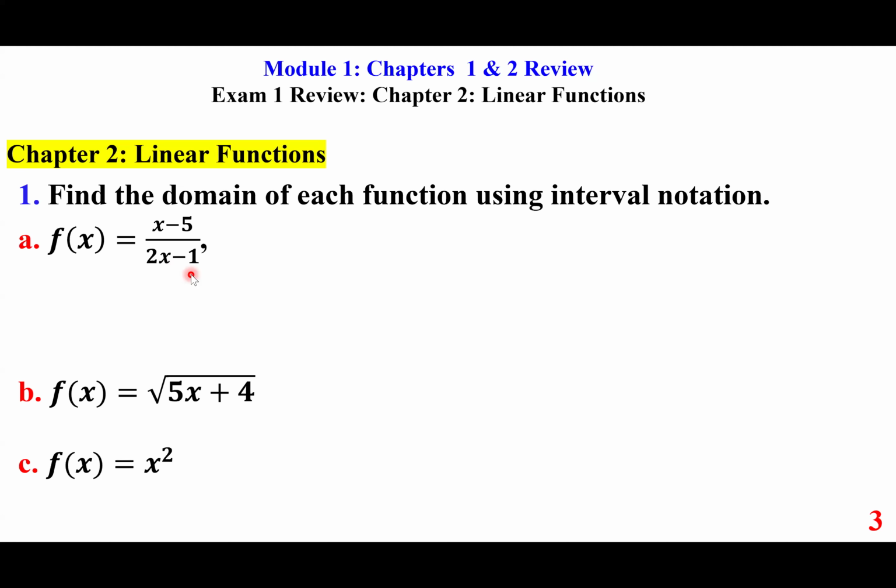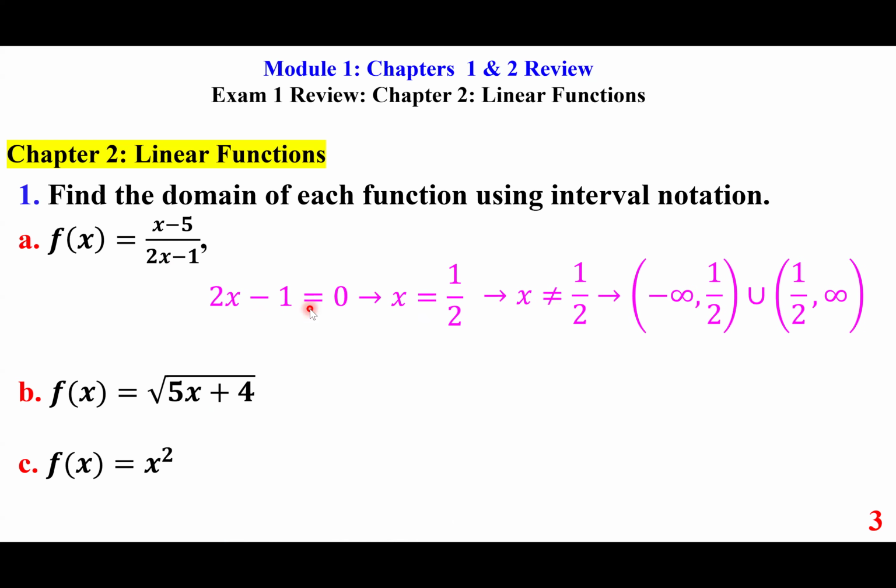So in this case, 2x minus 1 is 0, and you exclude that. If you set 2x minus 1 equal to 0, it results in 1/2, and x can't be 1/2. In interval format, you say negative infinity to 1/2 union 1/2 to infinity.